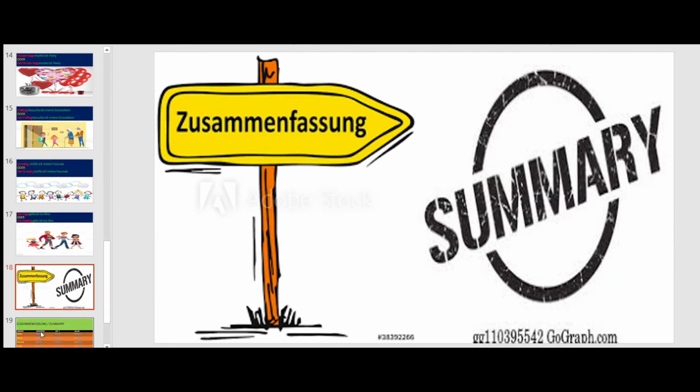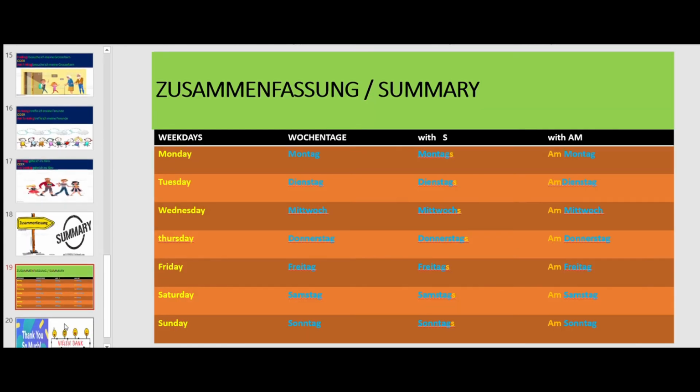Now, we are going to have a Zusammenfassung of whatever we have learnt till now. Zusammenfassung means summary. Here it is. Monday, Montag. Montags, every Monday. Am Montag, on Monday. Tuesday, Dienstag. Dienstags, every Tuesday.